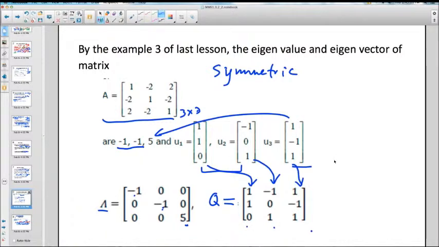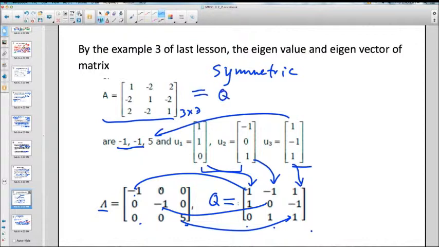They're matched, so keep that order. This is the eigen decomposition, meaning A equals Q lambda Q inverse, and the Q is right here.